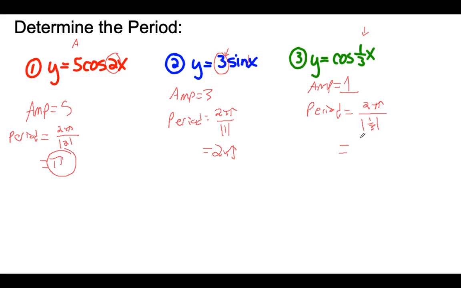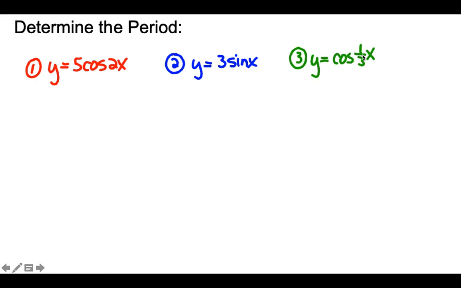Dividing by a fraction is the same as multiplying by a reciprocal. So you get 2 pi times 3 over 1, which equals 6 pi. So your period would be 6 pi there. Okay, so again, kind of counterintuitive, but if the number's smaller, the period's greater. If the value's bigger, the period's smaller.